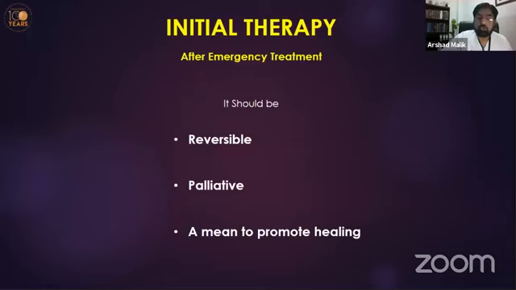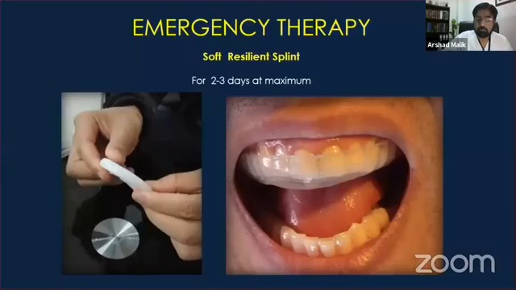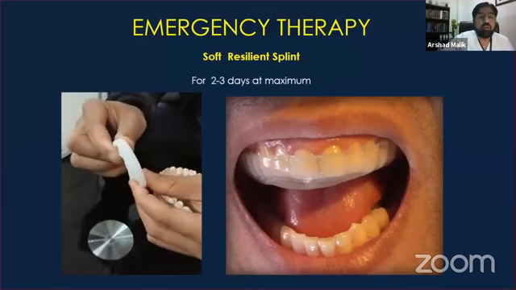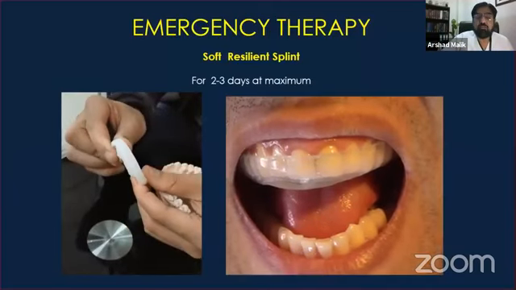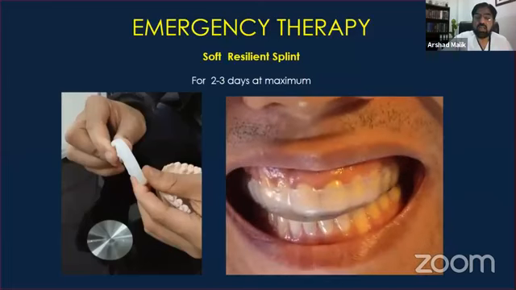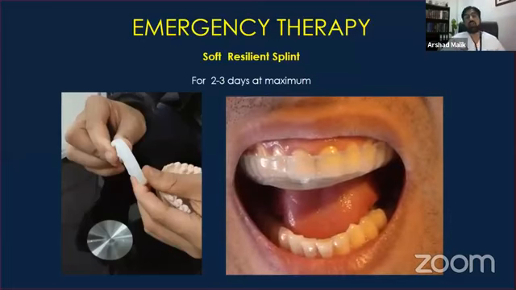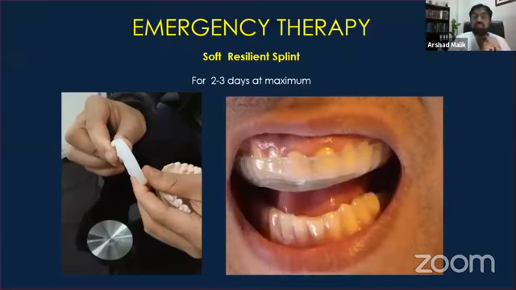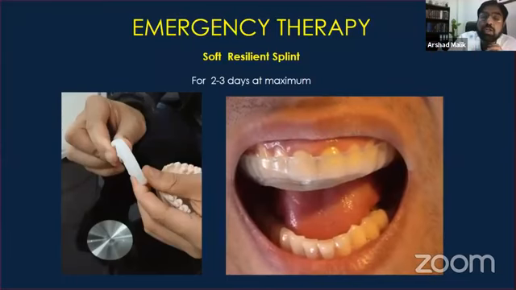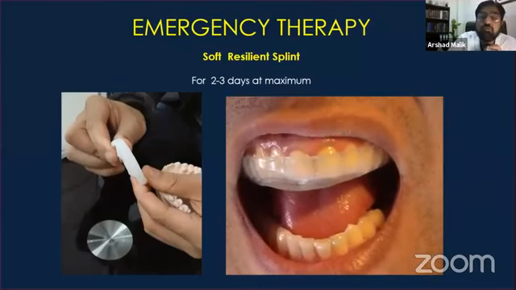This is very flexible, and when you apply it in the oral cavity, the patient is very comfortable and can have an easy bite, and this will give you emergency relief in the temporomandibular joint for a few days.